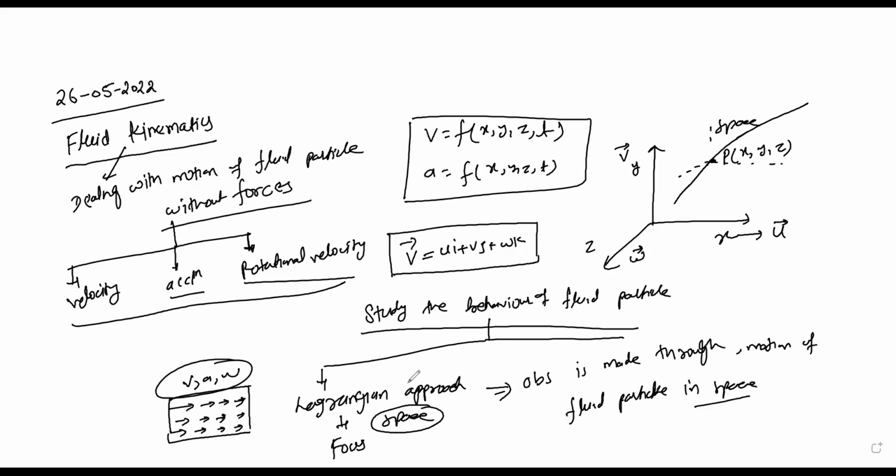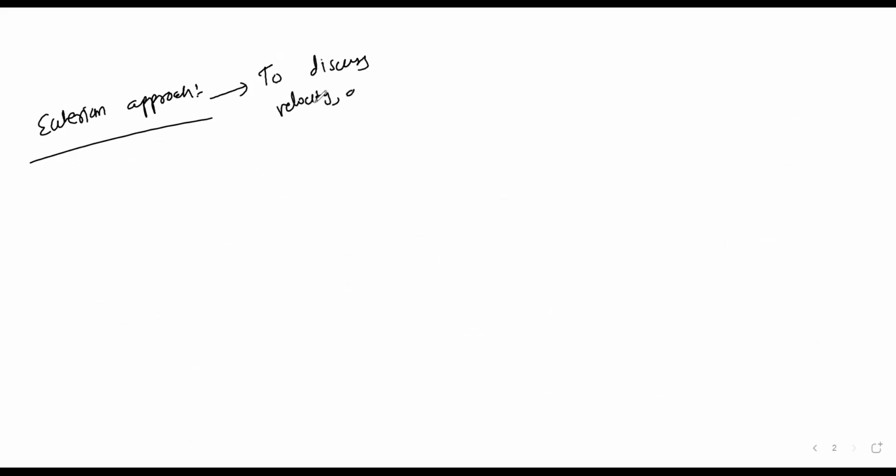But the opposite of the Lagrangian approach is the Eulerian approach. We will apply the Eulerian approach to discuss the velocity and acceleration of a fluid particle. What is the Eulerian approach? The Eulerian approach is a point method.